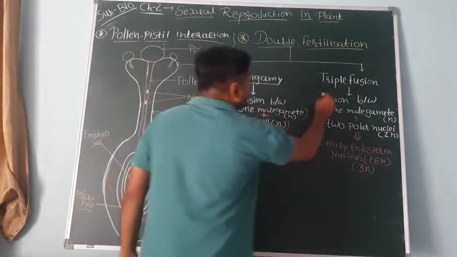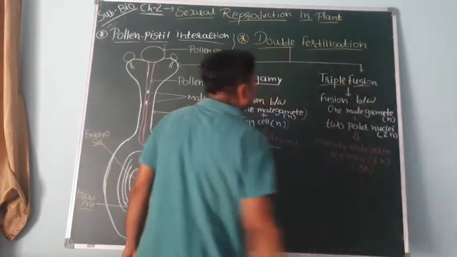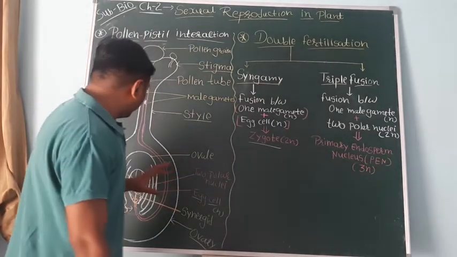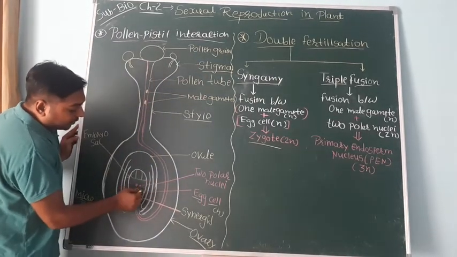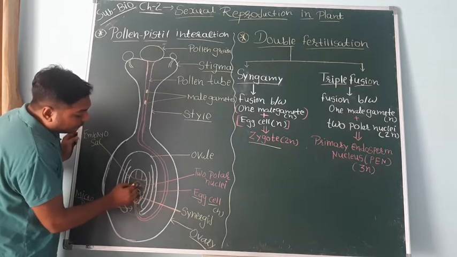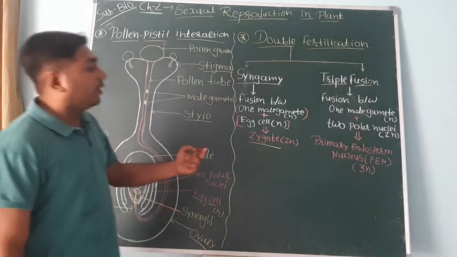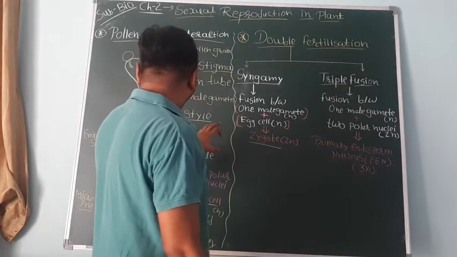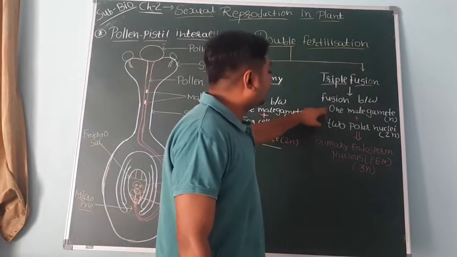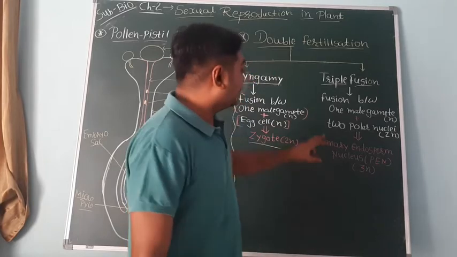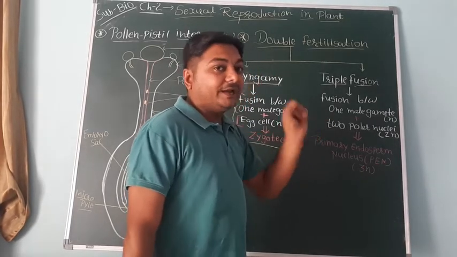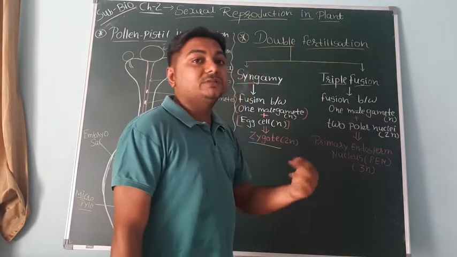Triple means fusion of 3 cells. You can see here in the center of the ovule there are 2 polar nuclei, which are haploid. The other male gamete fuses with the 2 polar nuclei. One polar nucleus is haploid and the other is also haploid.